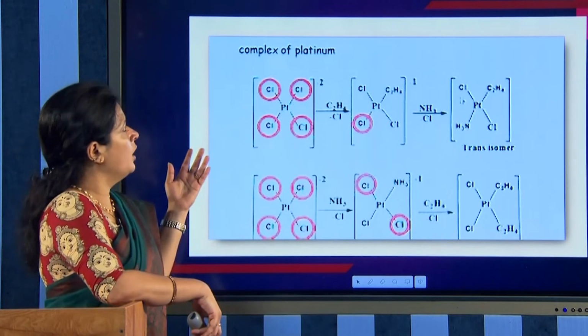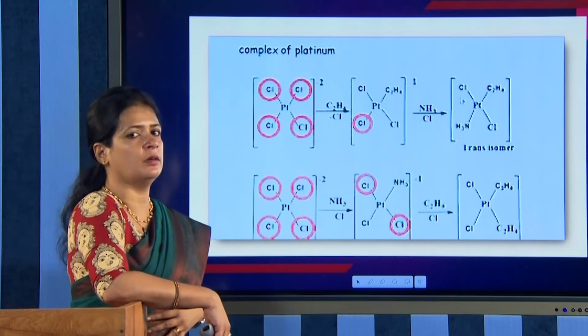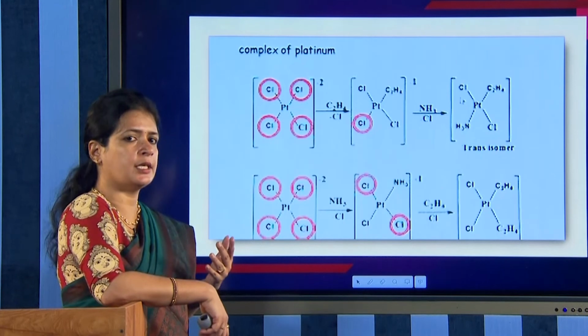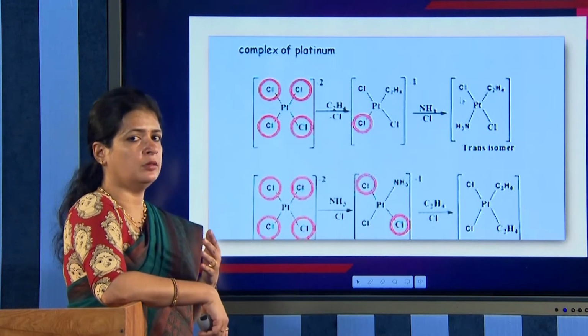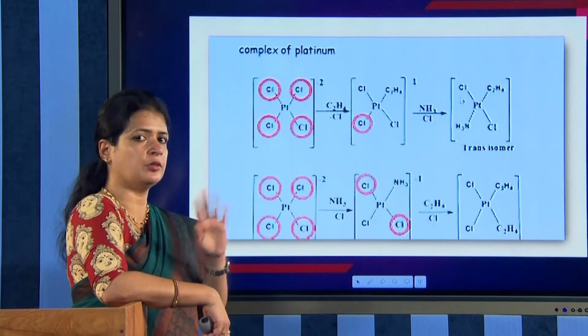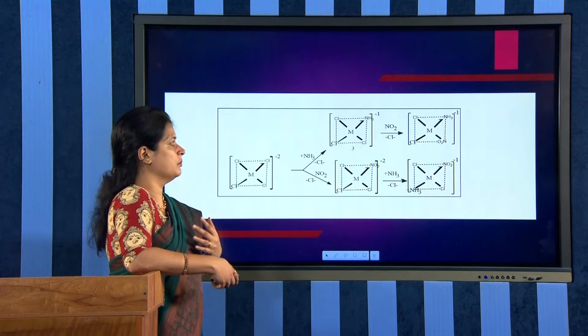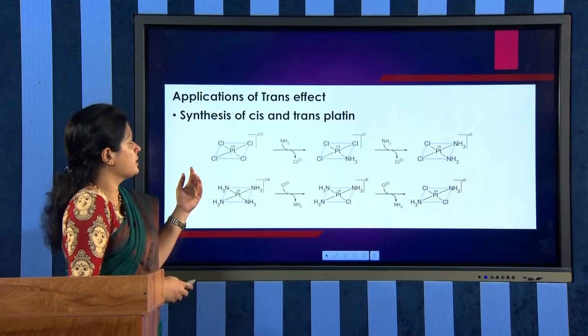This is how the applications of trans effect are there. That is, we can synthesize cis and trans isomers depending upon the ability of the ligands to direct to the trans position, which is very important in the applications of trans effect. Initially, what have we started with?